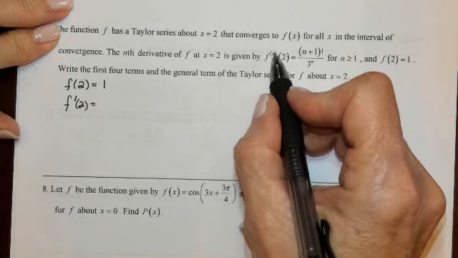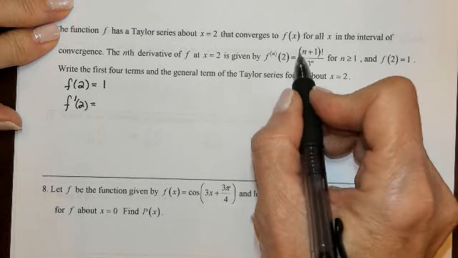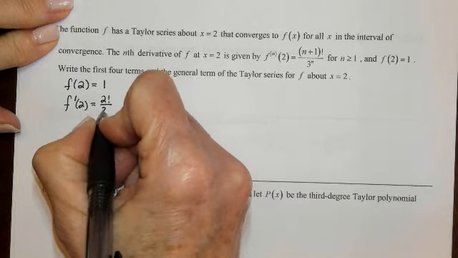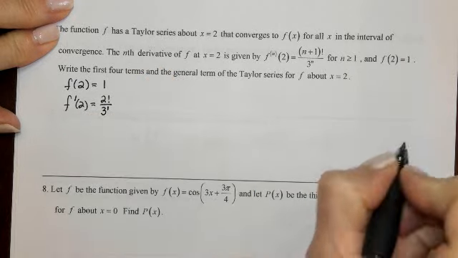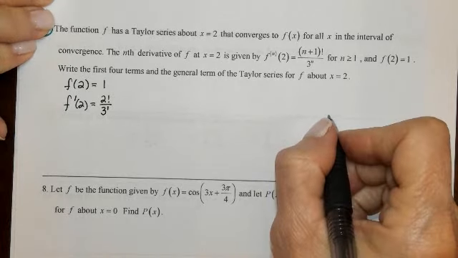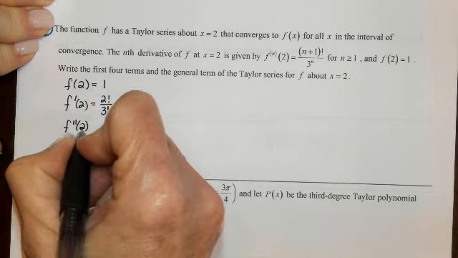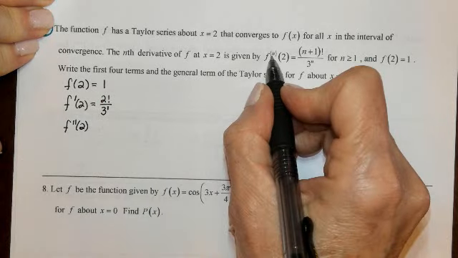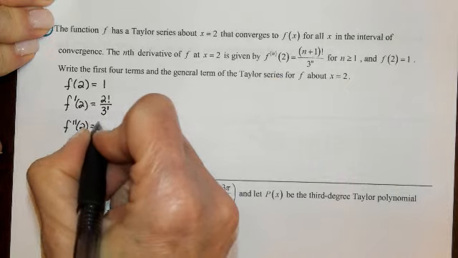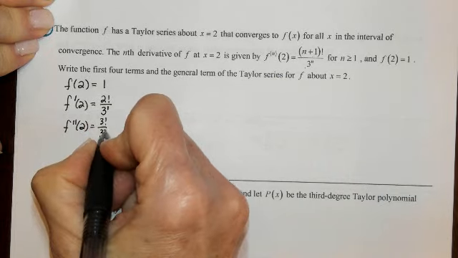So the first derivative is when n is 1 in this case. So it's going to be 2 factorial over 3 to the first, right? And that's exactly how I'm going to write it, 3 to the first. The second derivative at 2 will be when n is 2. So that will be a 3 factorial on top, and 3 to the 2 on the bottom.